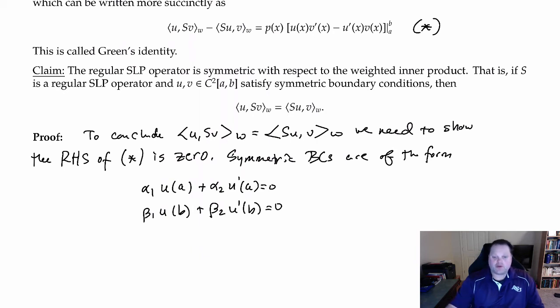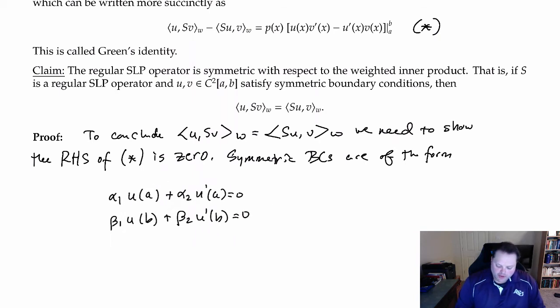So whatever the functions u and v are, they have to satisfy these boundary conditions, which means I have this relationship on u, and I have a similar relationship on v.